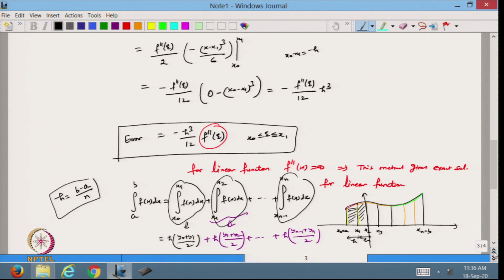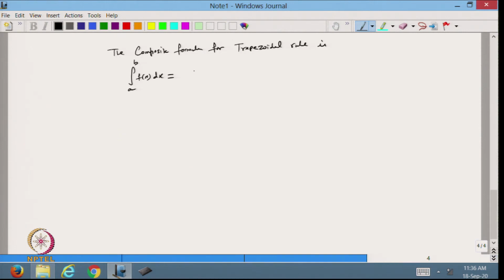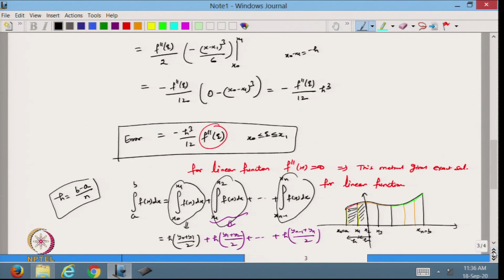now if you see, h is common and 2 is also common in all these values. So, I can write h by 2 and then y0 is coming, but y1 is also coming here and here. So, this is the connecting node. Values which are connected by 2 subintervals are called nodes.